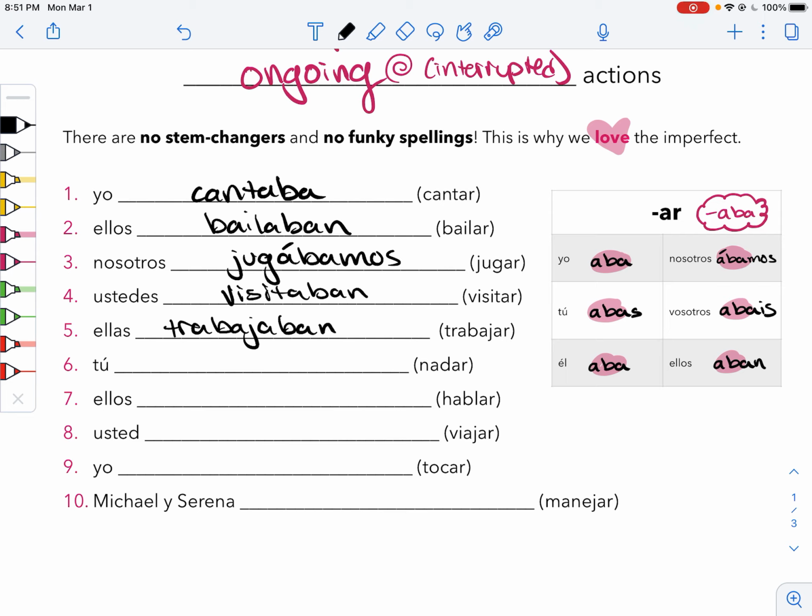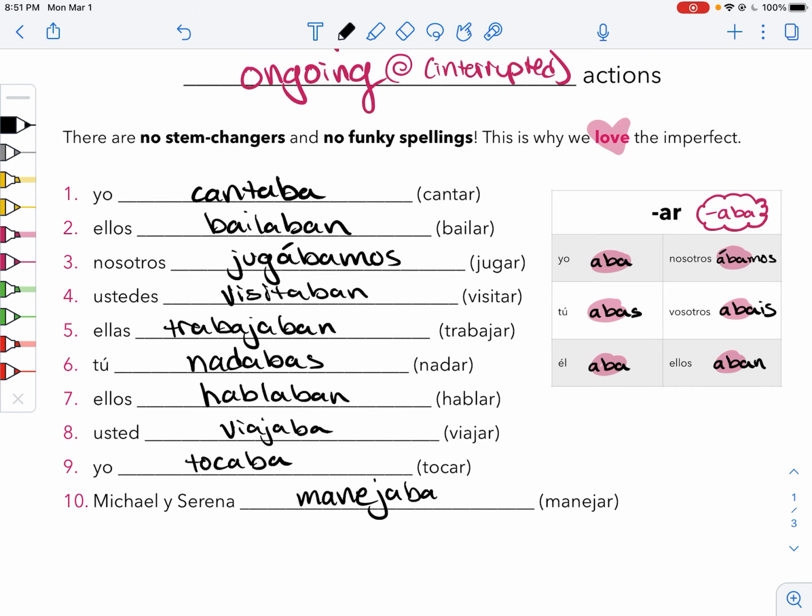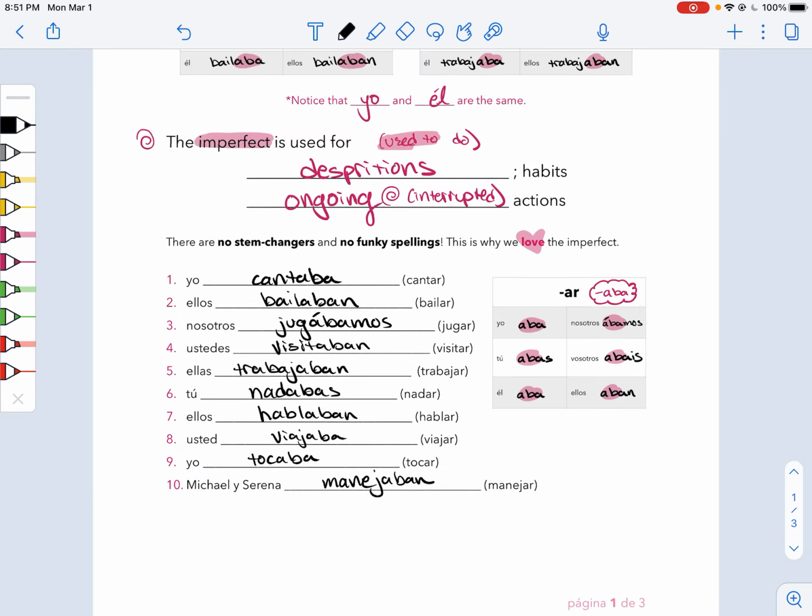Hablar is a good one too. Tú nadabas. Ellos hablaban. Usted viajaba. Yo tocaba. And Michael y Serena, that's like an ellos. So ellos manejaban. That's it. We love the imperfect.